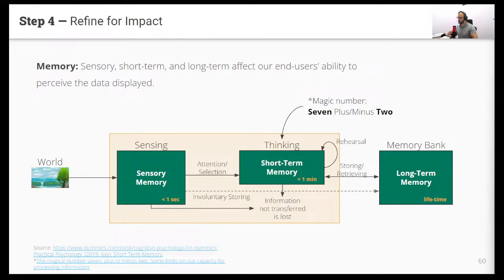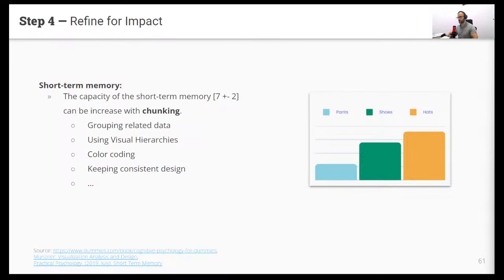So what do we do when we have a lot of things to remember? Well, in psychology, they call it chunking. So what we do is, for example, to remember a phone number or something, we chunk it into parts. And in data visualization, we do the same thing. While you might not have thought about it, we use grouping, we use visual hierarchies, we use color encoding, and so on.